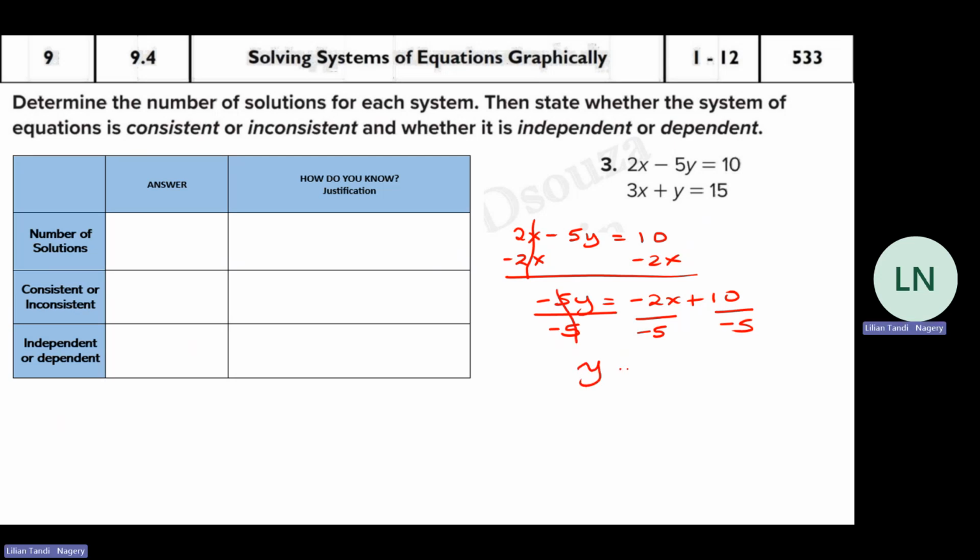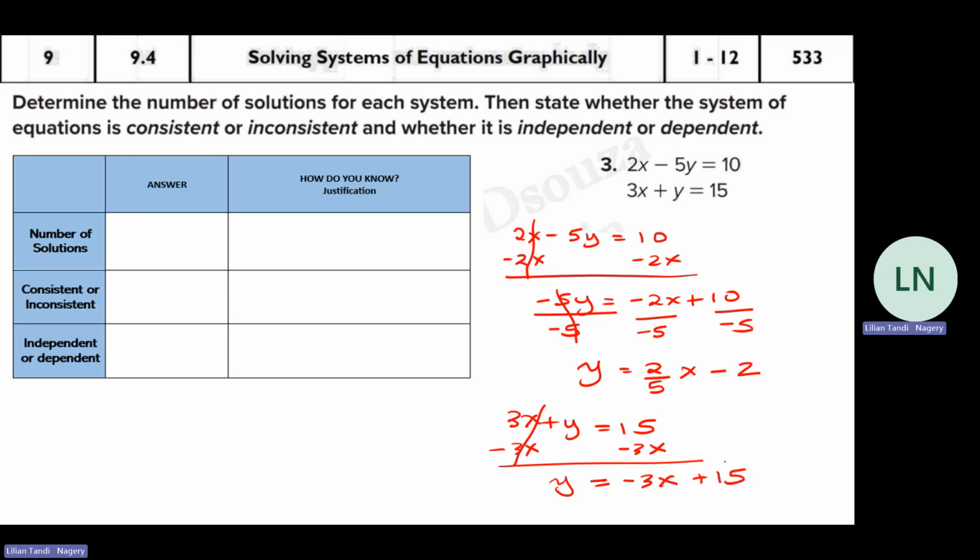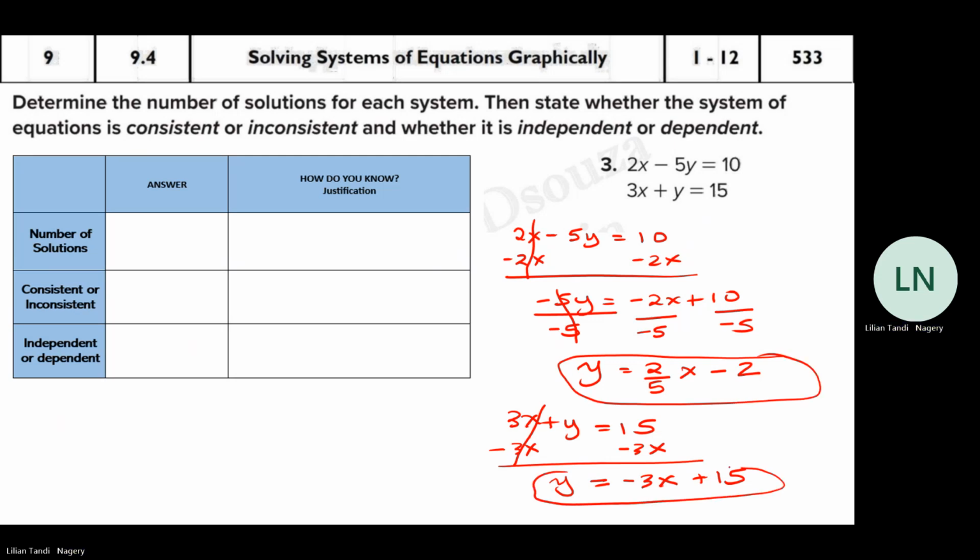So I will get here 2 over 5 x minus 2. Then I need to do that one. So I will do 3x plus y equals 15, minus 3x. This goes away. So y equals negative 3x plus 15.